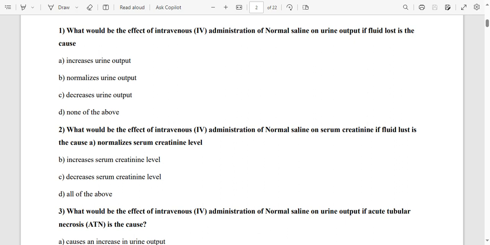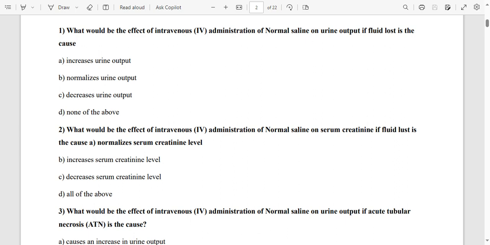Try to think a bit of it. If someone loses fluid, the fluid that they've lost, we are thinking about that fluid being extracellular fluid, ECF, because you don't usually lose fluid in the cells. So for example, maybe someone lost blood or something like that.